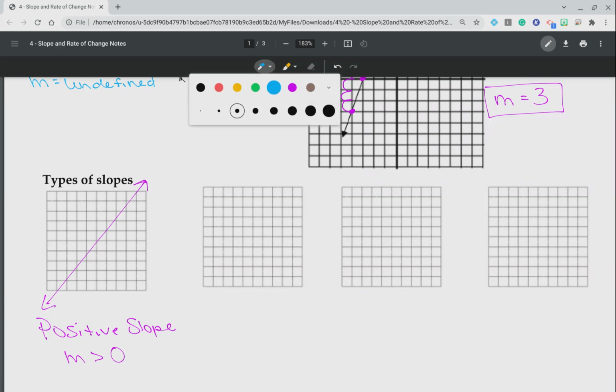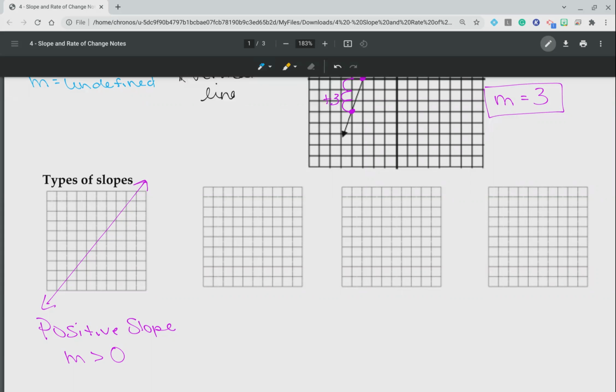We can also have a slope that slants down to the right, so something that looks like this. Okay, well, if up to the right was a positive slope, down to the right is a negative slope. So in this case, you're going to get a slope that is smaller than 0. So like a slope of -1, a slope of -5/3, something like that.